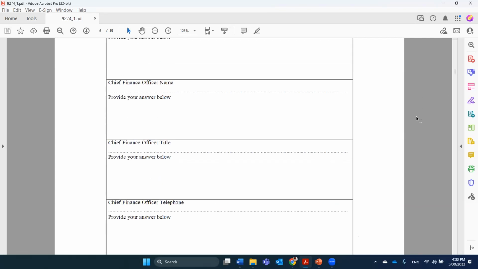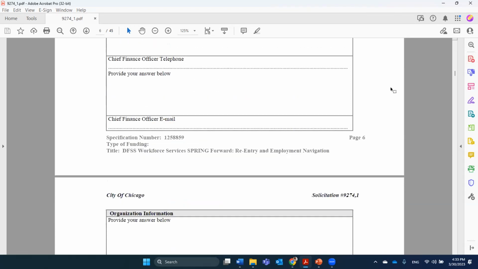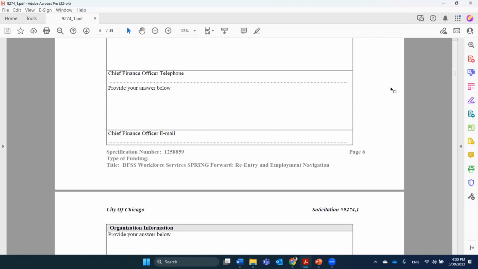Let me make sure I have it all here. Okay, let me pause my screen share for a second and make sure I have everything up properly.